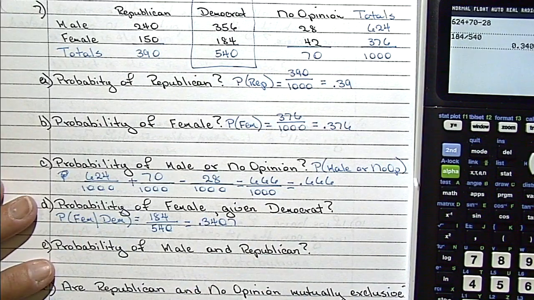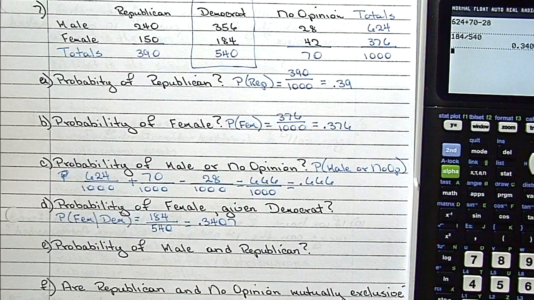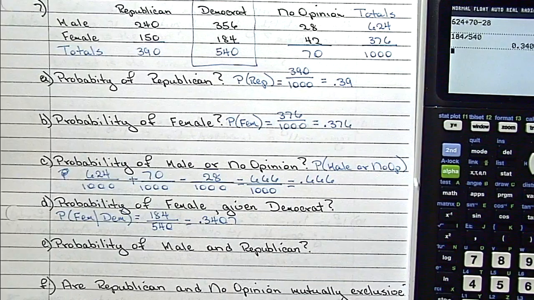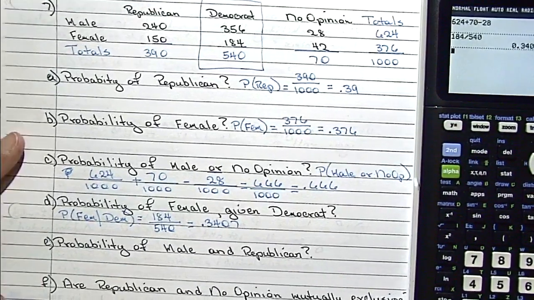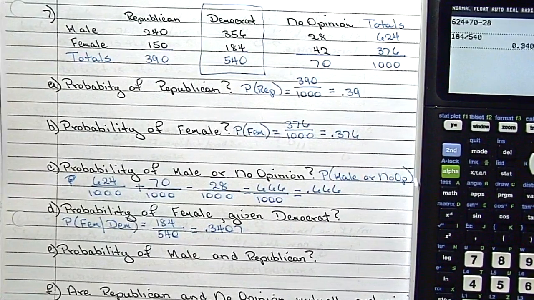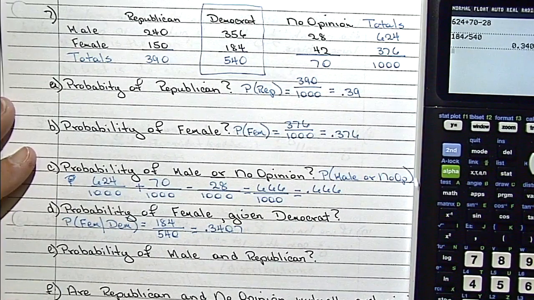Probability of male and Republican. Now, that usually means multiply, doesn't it? But then I have to say, are they dependent or independent, right? Except I have a table. If I have a table, it doesn't matter if they're independent or dependent because table lookup is the same shortcut for both, right?